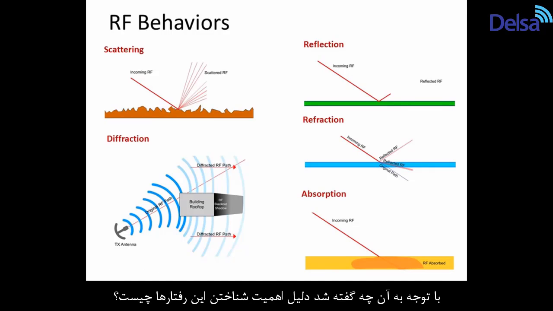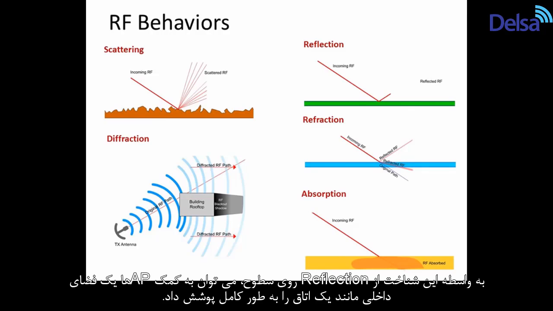So why are these behaviors important? Well, they're the reason that when you put an AP in a room in a building, those radio frequency waves can get to nearly every place in the room and also other rooms, because they're reflecting around as they move throughout the space. And of course, they're passing through some materials as well.